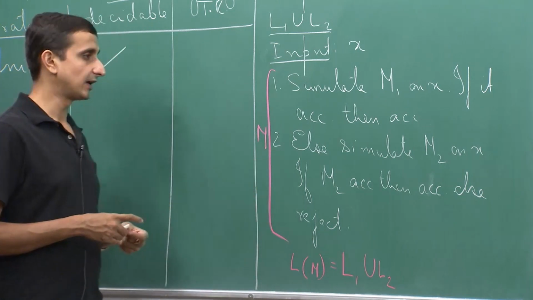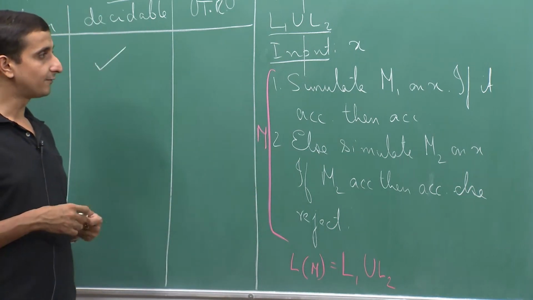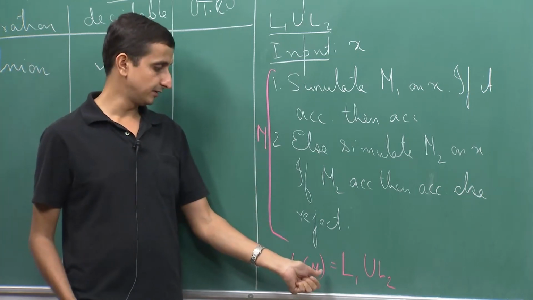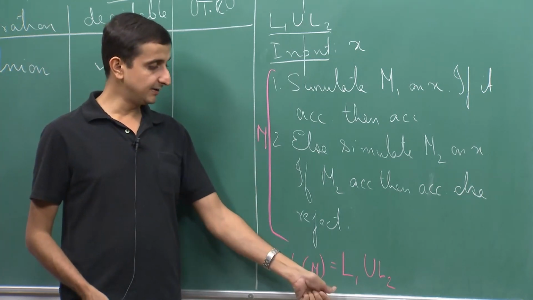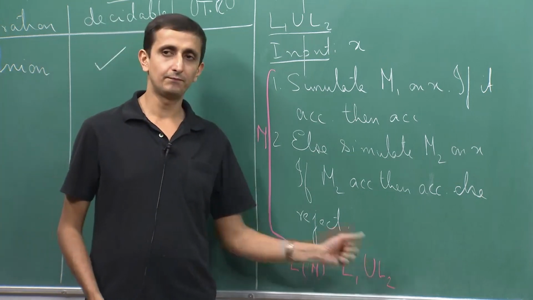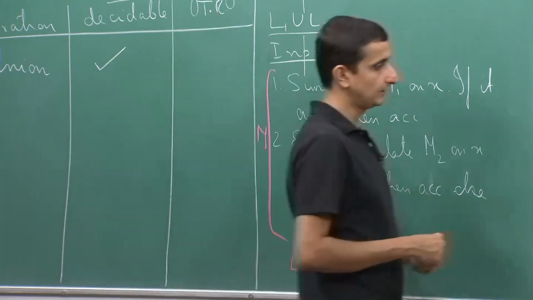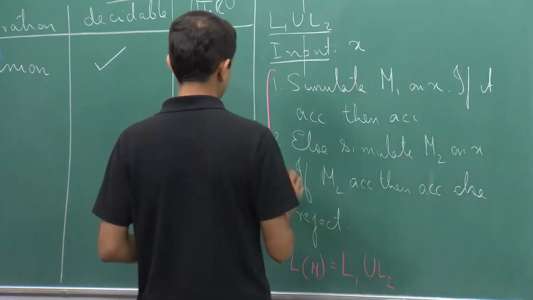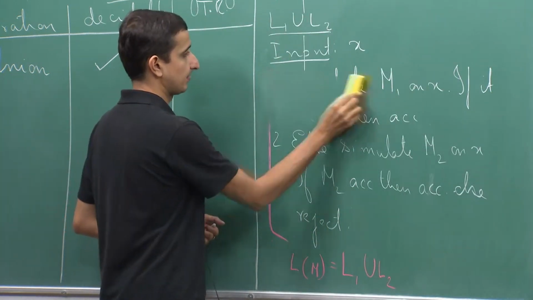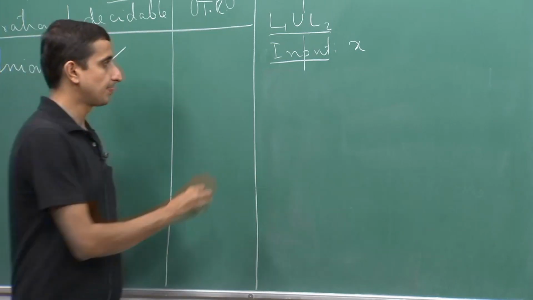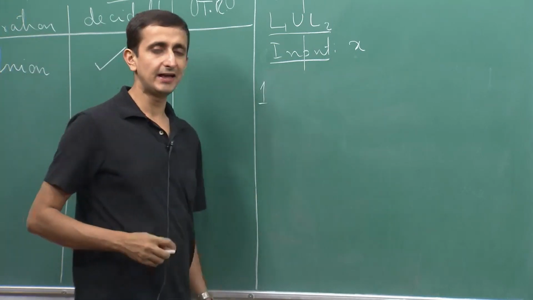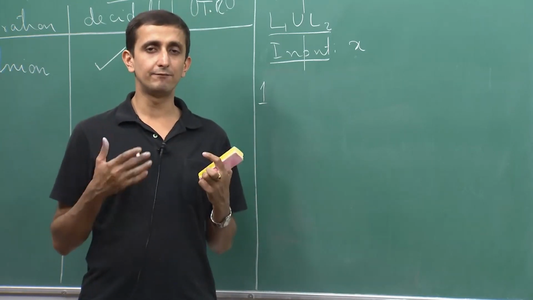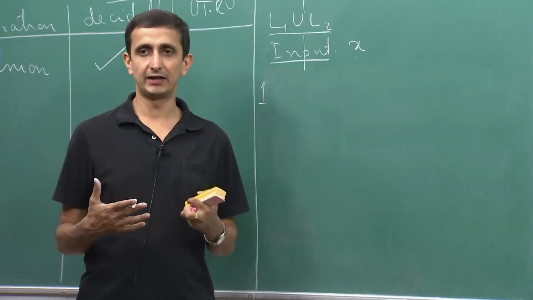So, what is the idea? How can we modify the construction of the machine M so that it would accept every string that belongs to either L1 or L2? Given input x, we will simultaneously run M1 and M2 on the input x.